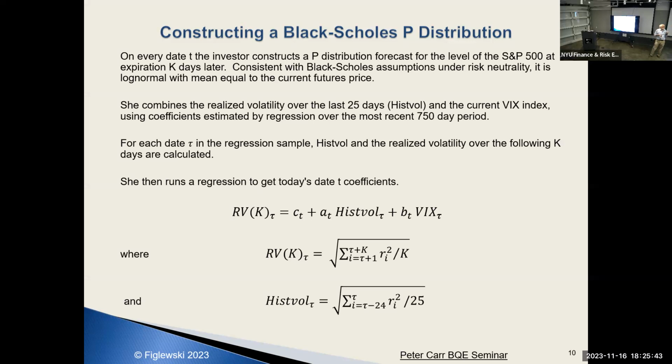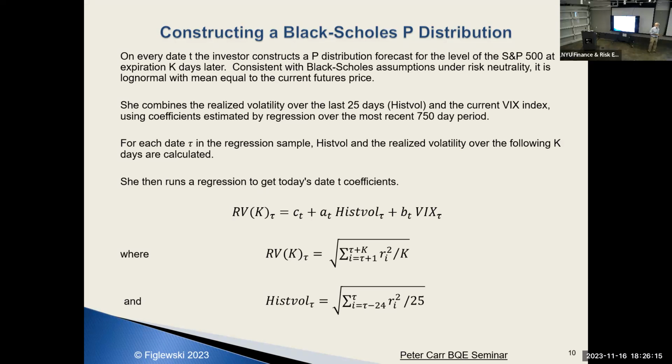I'm going to look back over the last 3 years and see, if I wanted to make 30-day forecasts of volatility using 25-day historical volatility and the VIX, what the realized volatility was in the past. So I can run a regression of the realized volatility on historical volatility and VIX over the last 3 years. That's what I'm going to do to get a P distribution.